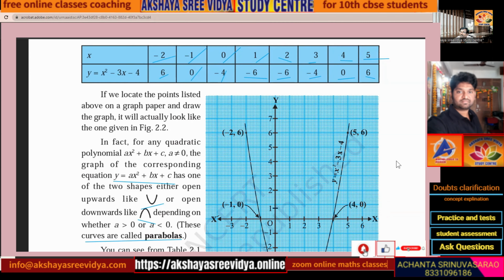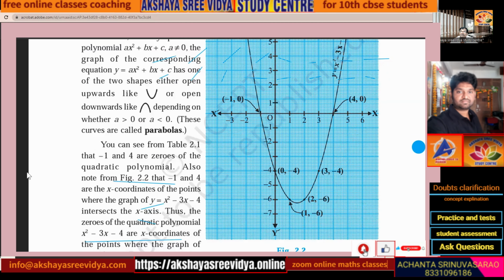You can see the table 2.1. That -1 and 4, clearly you have to see that. This is the point and this one is the point.